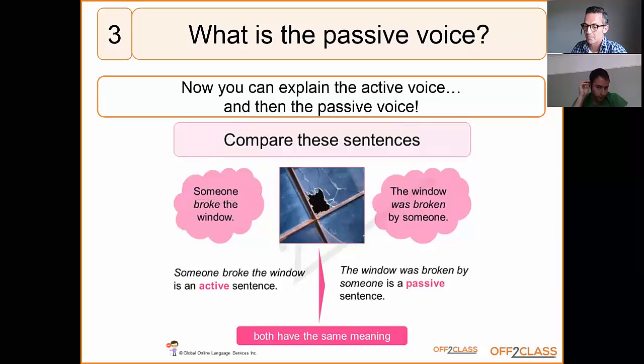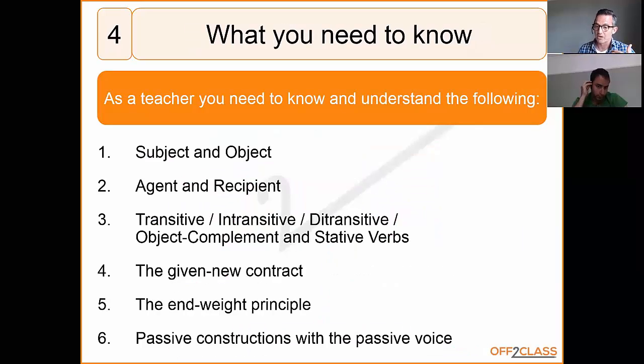So starting with the passive voice, quite simply, as a teacher, what you need to know, and I think this is the minimum of grammar that you need to know, is enough to teach a student the passive voice and passive constructions, and also to be able to answer their questions.